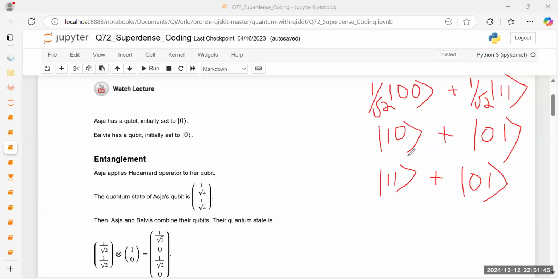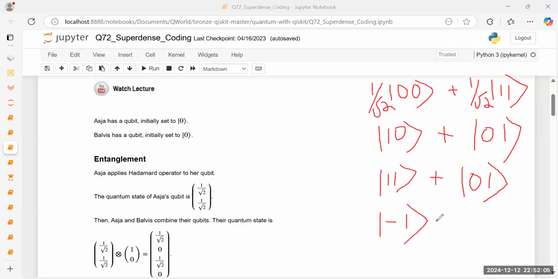The next thing to do will be to apply the Hadamard operator to Asha's qubit, which is the first qubit. If we apply the Hadamard operator to the 1 state, we're going to get the minus state.